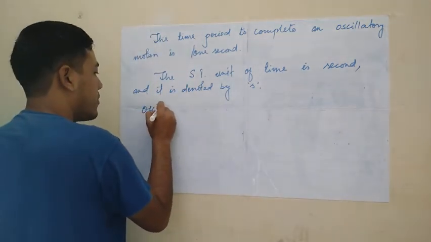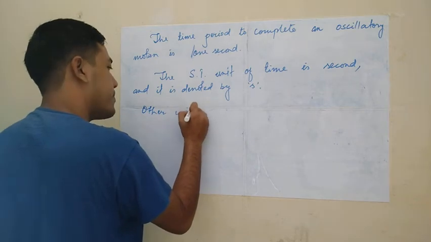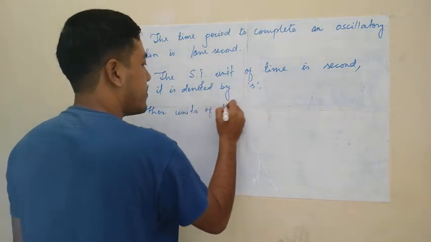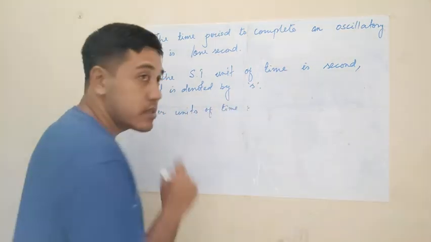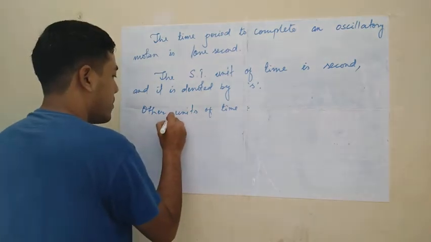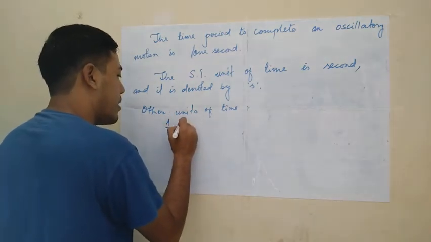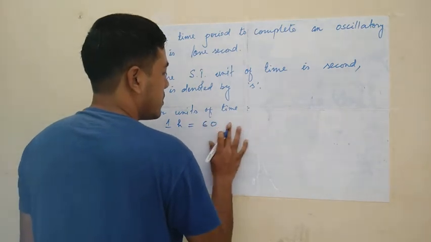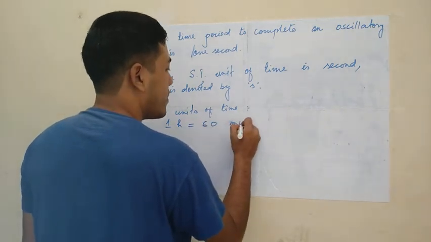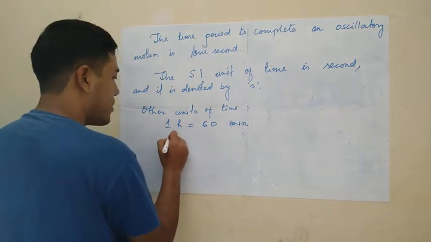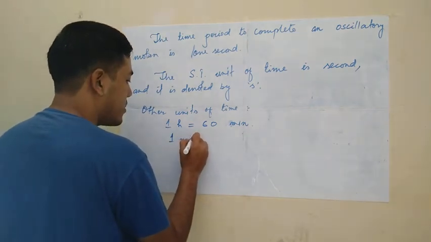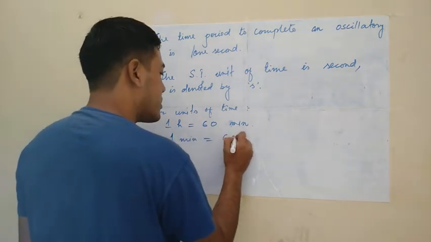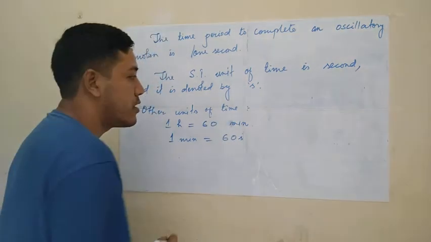Other units of time: 1 hour is equal to 60 minutes. 1 minute is equal to 60 seconds, right?